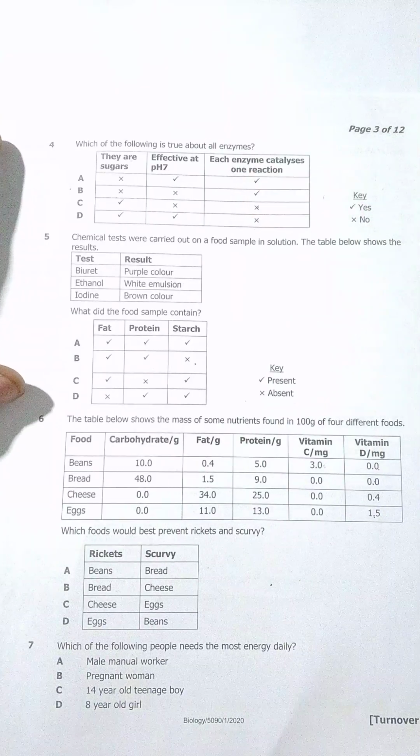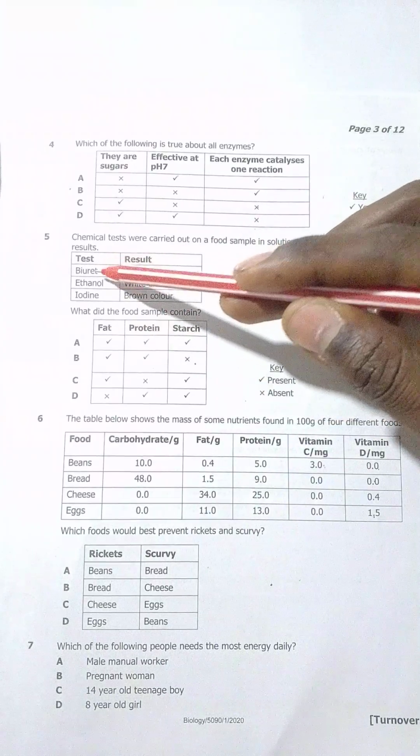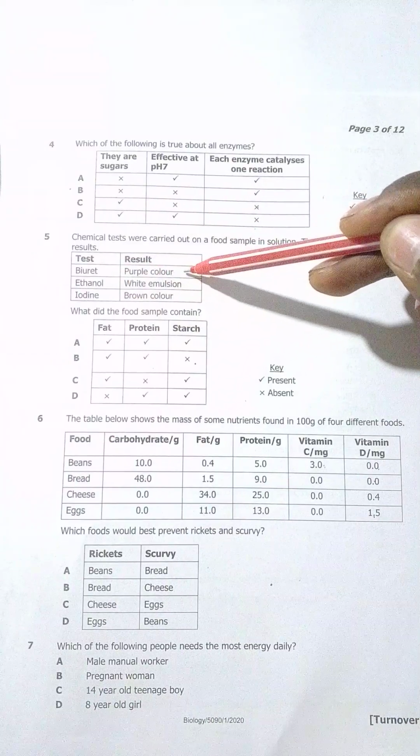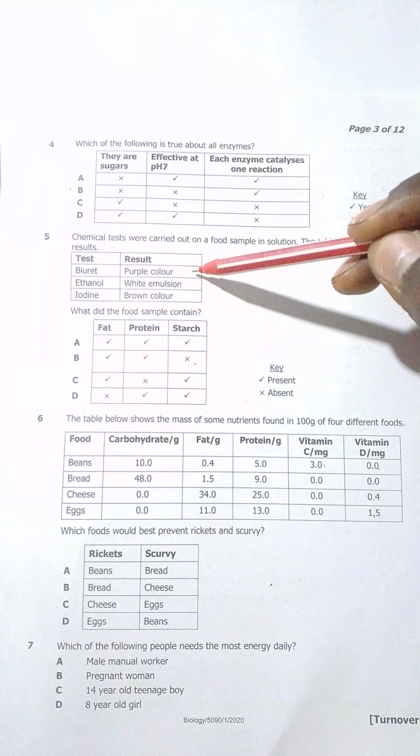Question 5. So question 5 reads, chemical tests were carried out on a food sample in solution. The table below shows the results. So you have the biuret test, purple solution or purple color has been produced. So this was a test for protein. So protein was present.